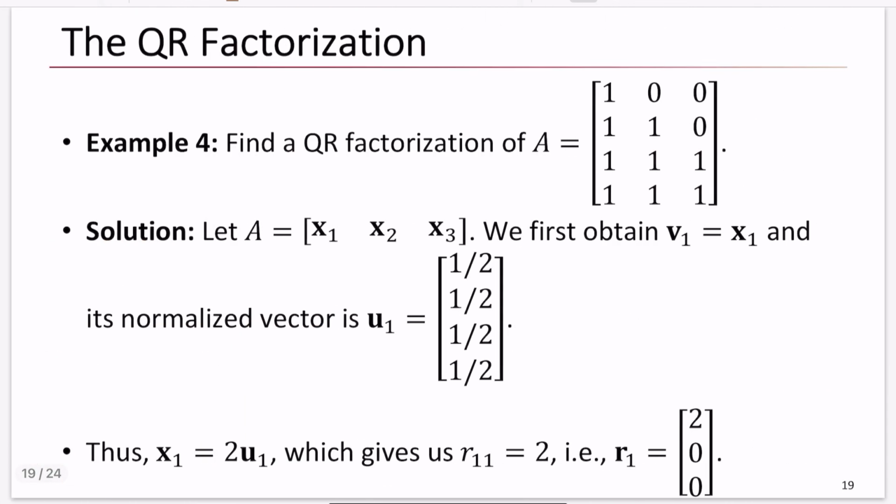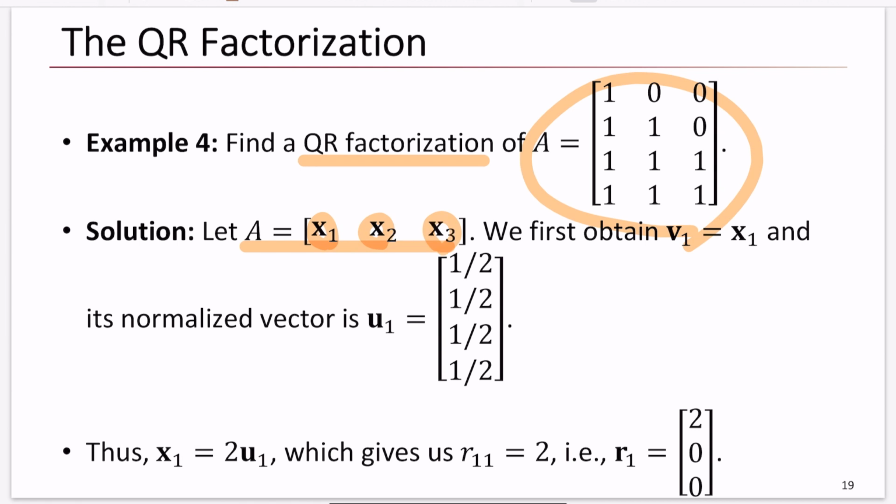First of all, let's find the QR factorization of matrix A. Define it like 1, 1, 1, 1, 0, 1, 1, 1, 0, 0, 1, 1. Matrix A consists of x1, x2, and x3.